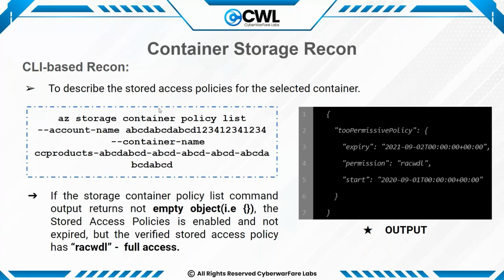The output would be a list of stored access policies for the specified storage container, typically in JSON format. Each access policy includes details such as name, permissions, and start and expiry dates. If the storage container policy list command returns a non-empty object, the stored access policy is enabled and not expired.